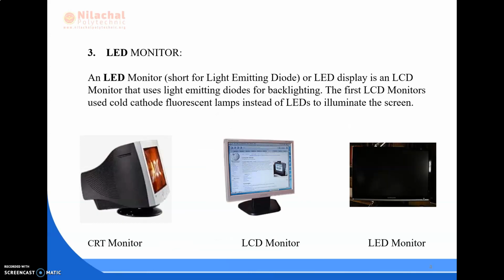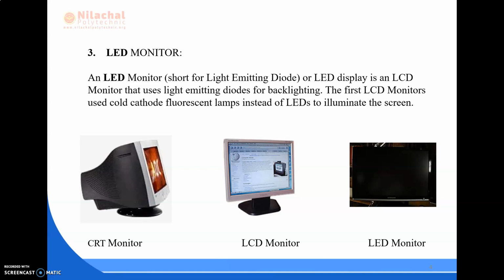The next type of computer display we will be discussing is the LED monitor display, which is also known as light emitting diode. Here it uses light emitting diodes for backlight. The first LED monitors used cold cathode fluorescent lamps instead of LED lights as backlighting to illuminate the screens.